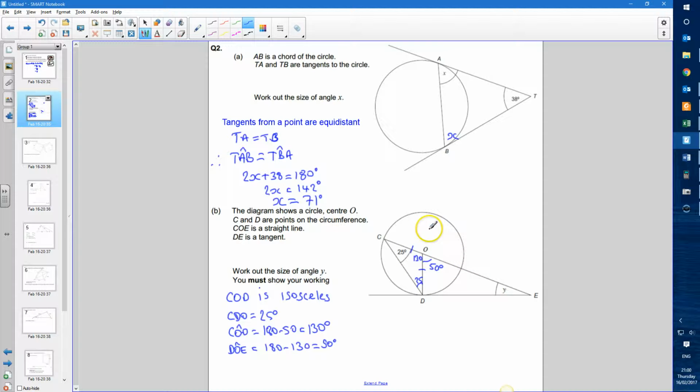Now because ED is a tangent to the circle and it meets the radius OD, then this here must be a right angle. I'll type this: a tangent meets the radius at 90 degrees.